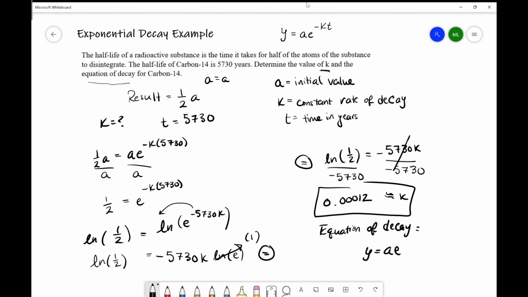And you're keeping t as a variable, because this is an equation of decay and the time in years could vary. And this would be your final solution.